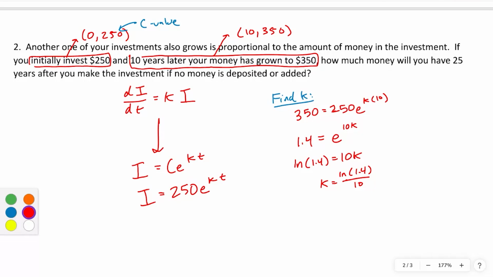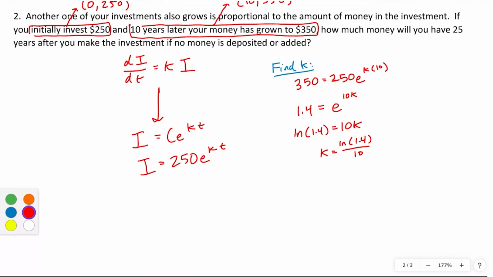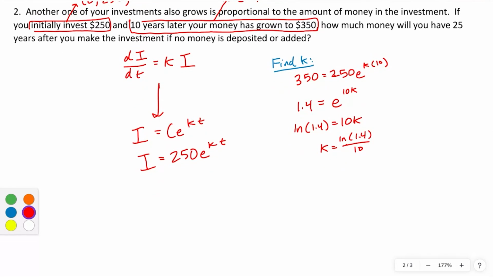All right, now we got k. So I equals 250 times e to the natural log of 1.4 over 10 t.